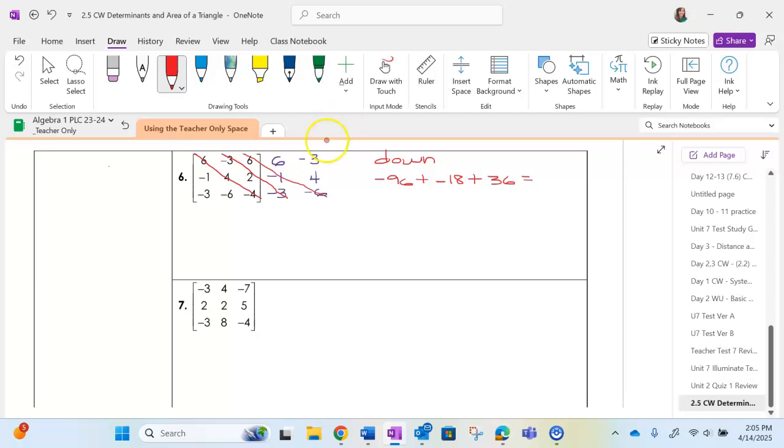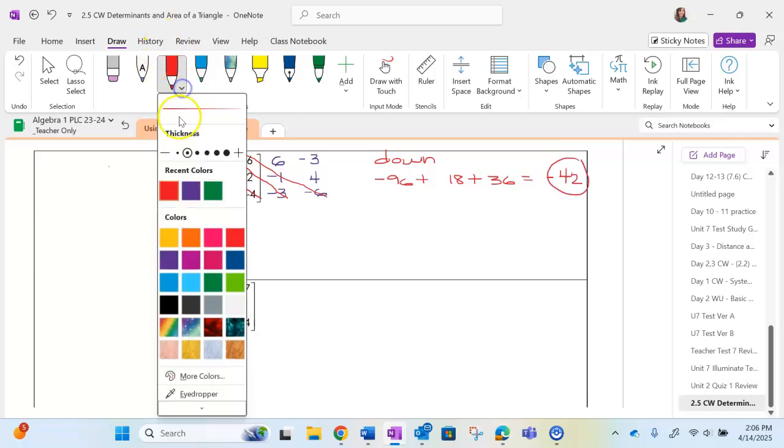What did we not do right? -3 times -3, this is a positive 18. Got to be very careful. Let me add these up again. -96 plus 18 plus 36 gives me -42. That's my down.